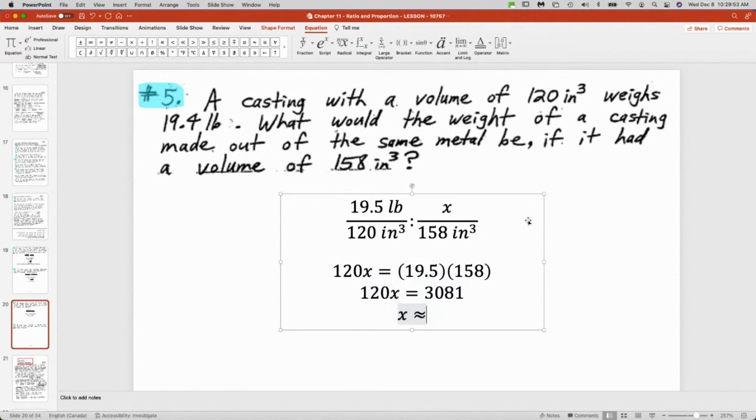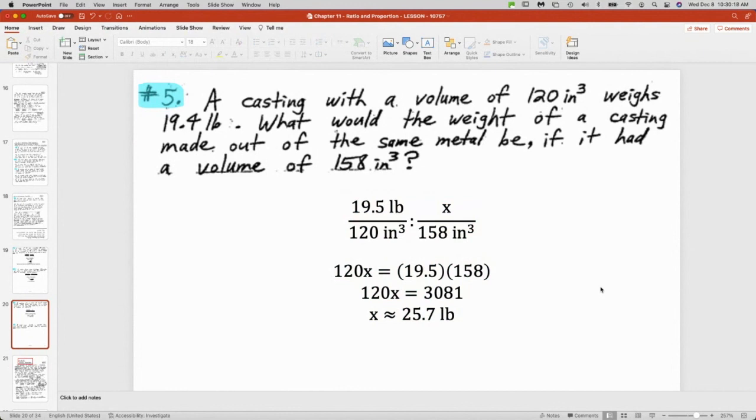I'm just going to go right for the answer this time. So 3081 divided by 120. We should have an answer around 25.7. That seems okay. Can someone confirm that they got 25.7? Awesome.